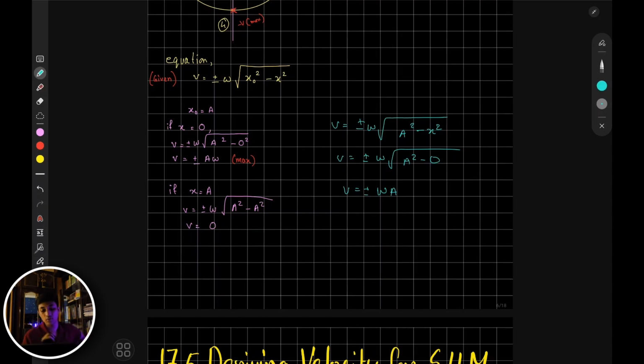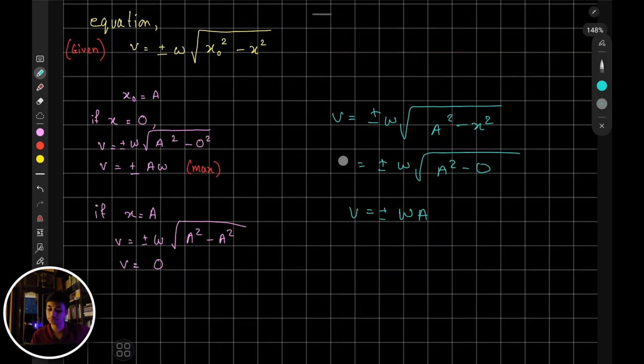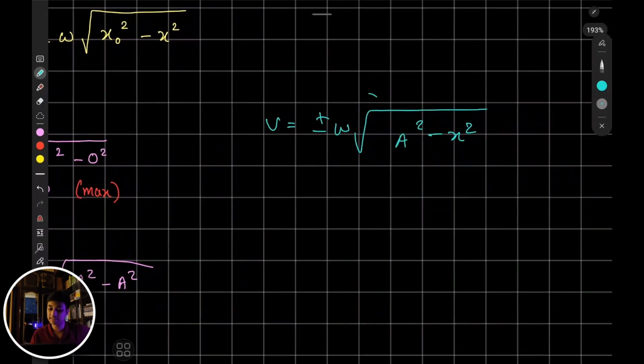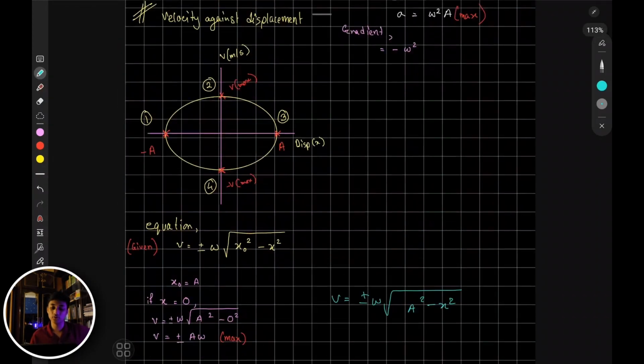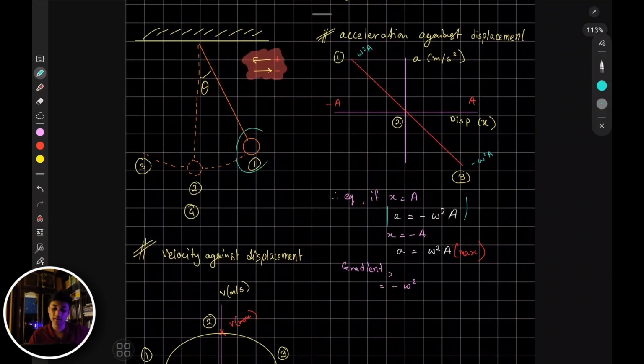Nice. Now, when is velocity 0? For that to be the case, this entire part has to be 0. If this entire part has to be 0, the value inside has to be 0. Now, when is that going to be the case? Velocity is 0 at the extreme positions where the displacement is maximum.